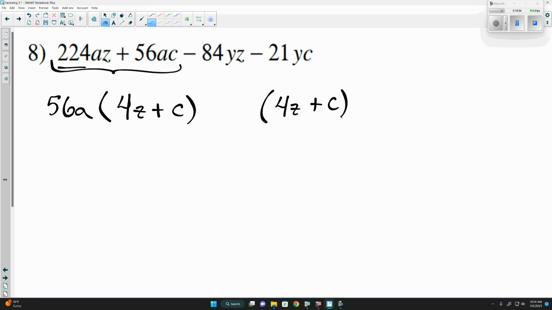It's possible, but that means if that's the case, it's either going to require more manipulation or it just doesn't work that way. So that's what we want to have happen. So we want the 84 to become 4, and we need the 21 to become 1, yes?